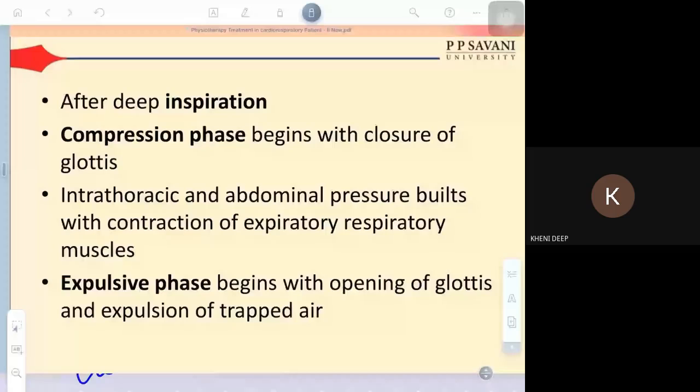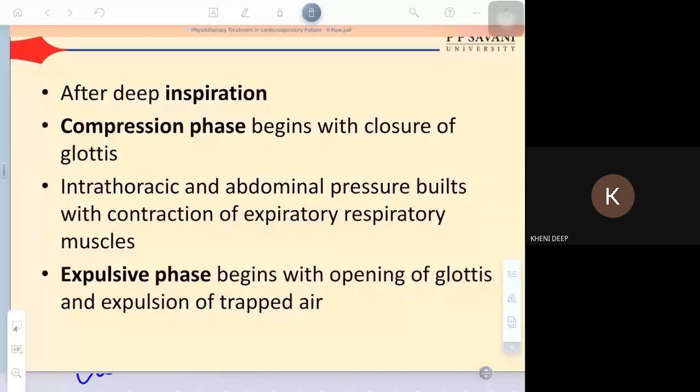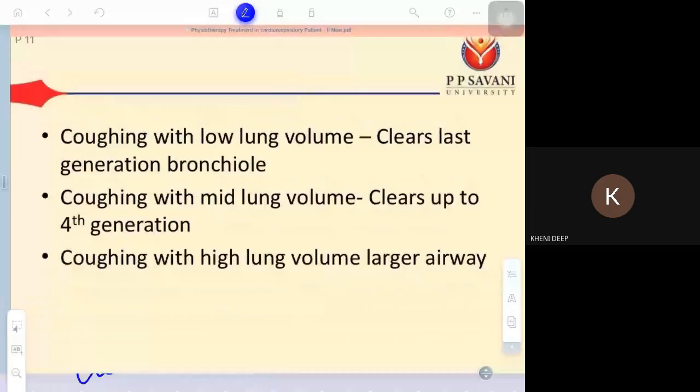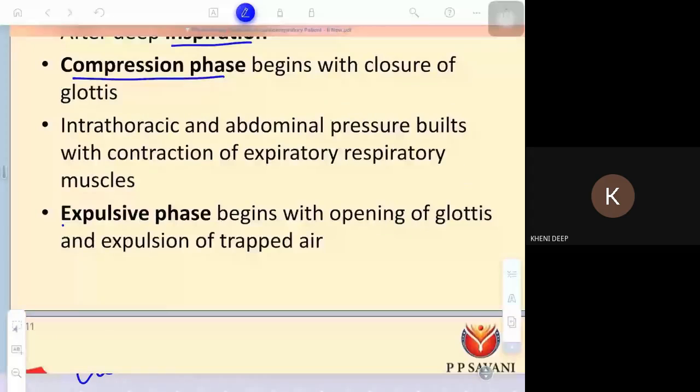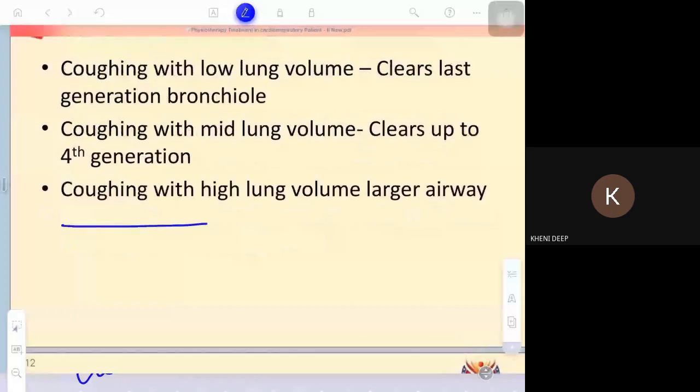So now, a little more detail we will study. I have told first is inspiration. There are phases given. Inspiration phase, compression phase, expulsive phase. Three phases are there. Okay.